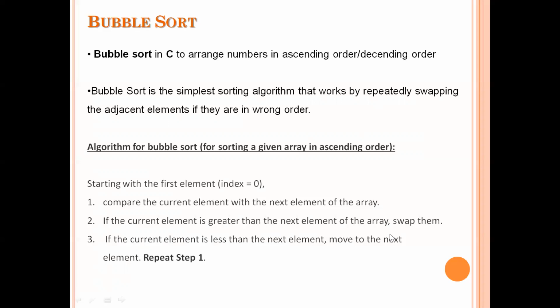Swapping is required only when the current position element is greater than the next element. Whenever the current element is less than the next element, no need to swap, just move to the next position. In the next pass, the second element will be the current element. This process will continue till the end of the array.